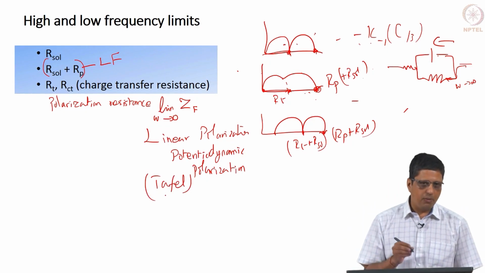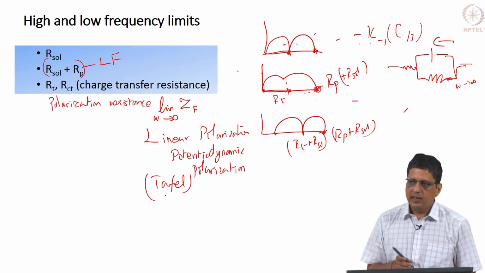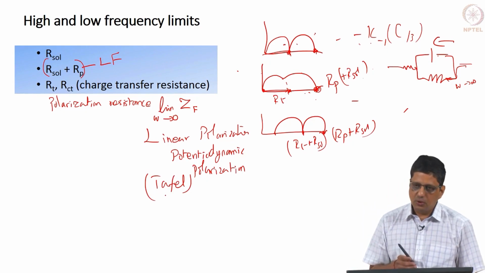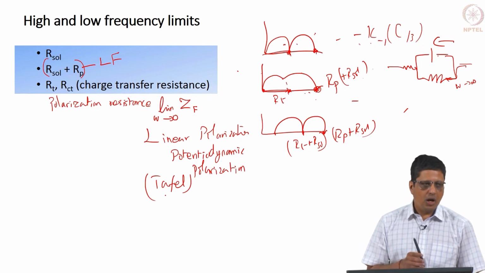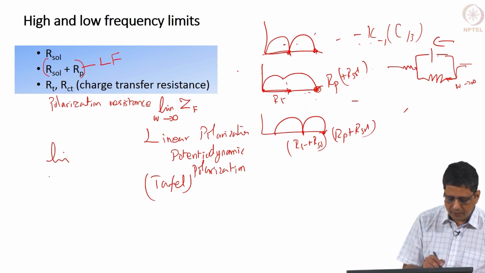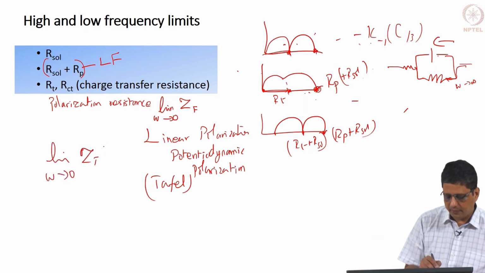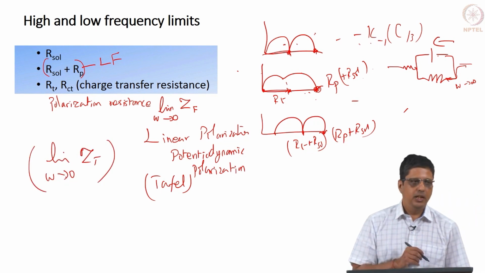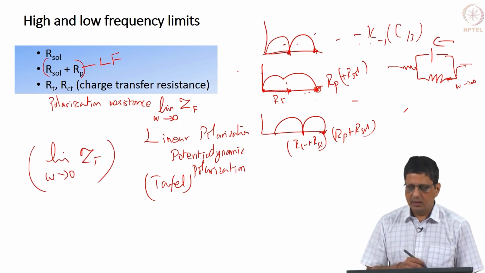They will give you RP and they also assume that solution resistance is negligible. All that they give you is actually the limit omega tending to 0 of Z total, that is all you get from linear polarization and Tafel extrapolation.